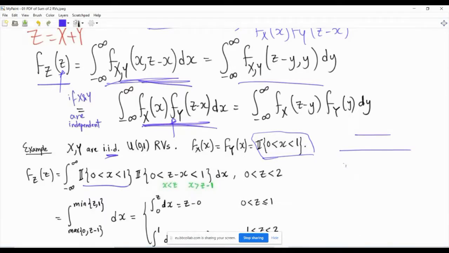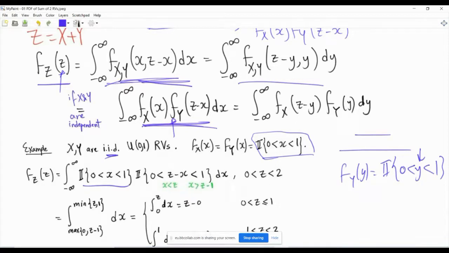Now, the other indicator, so f of y, is an indicator that small y is between 0 and 1. Now, according to the rule for finding the PDF of the sum, we go to this y and we replace it by the quantity z minus x.